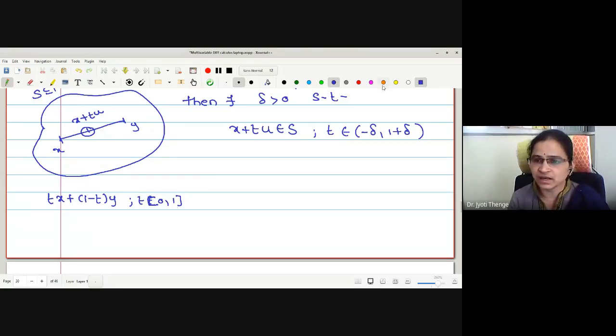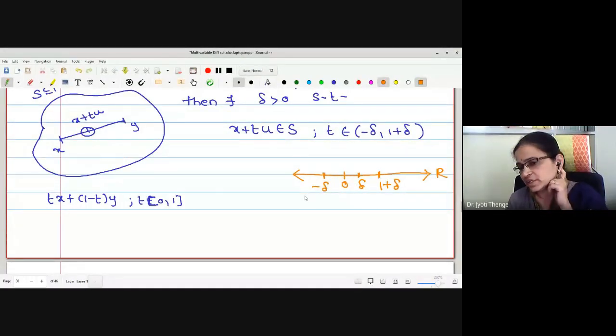Therefore, we are selecting a number delta greater than 0 such that t belongs to minus delta and 1 plus delta. Let me show you. This is a real line. Somewhere here is my origin. Somewhere here is some small positive number delta. Then where is the position for 1 plus delta? Somewhere here. Where is the location for minus delta?